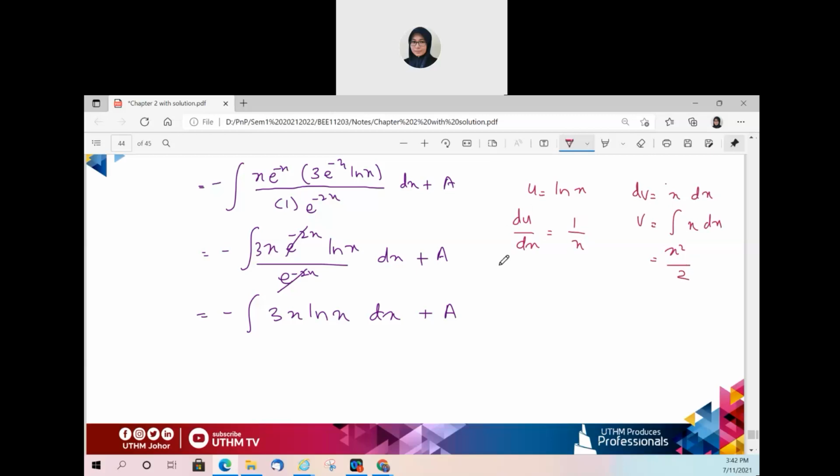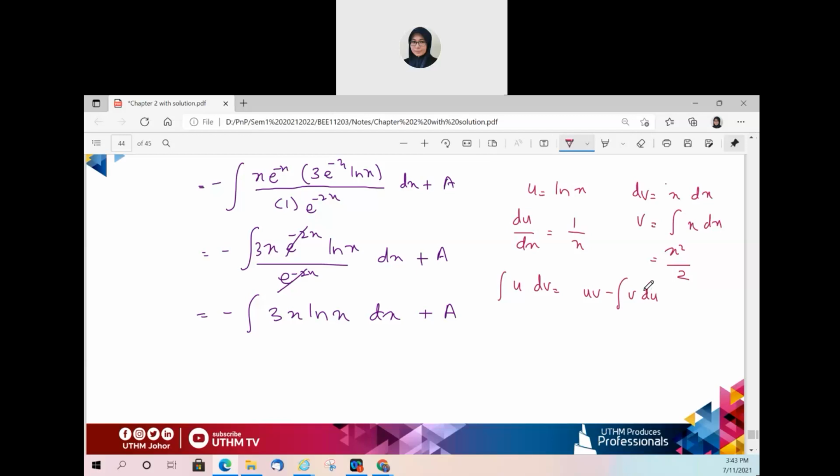Okay. So integration by part is integrate u dv equals to uv minus integration v du.